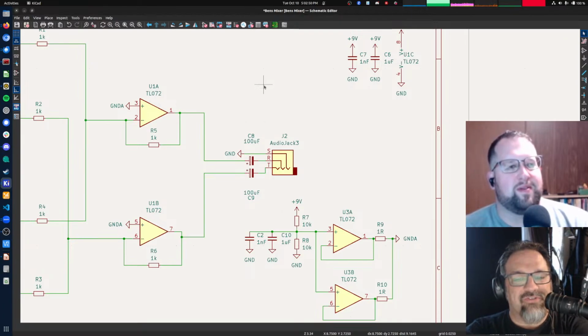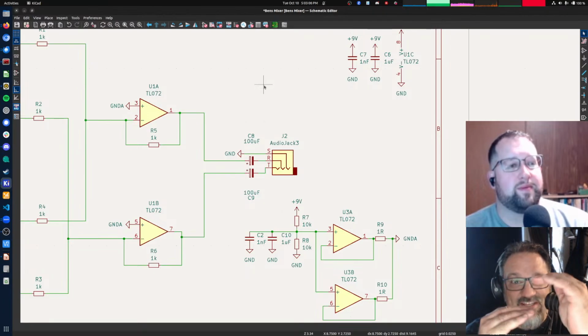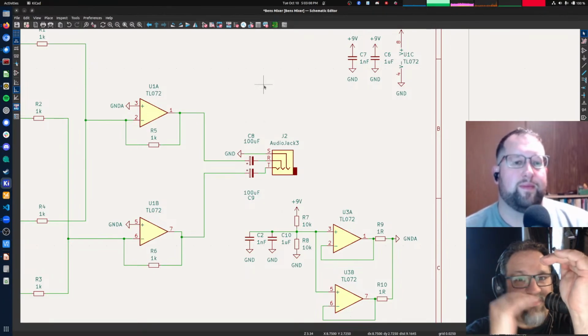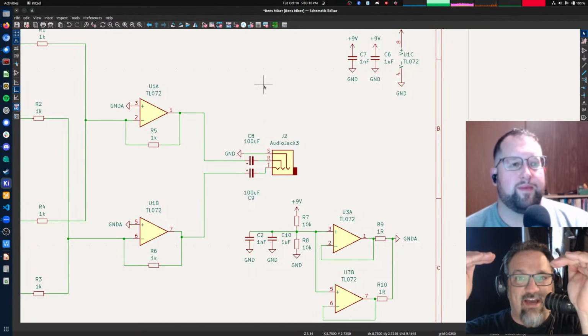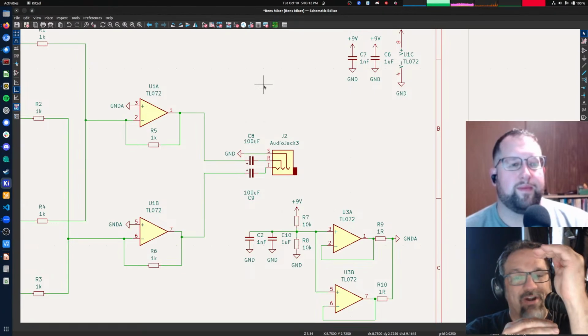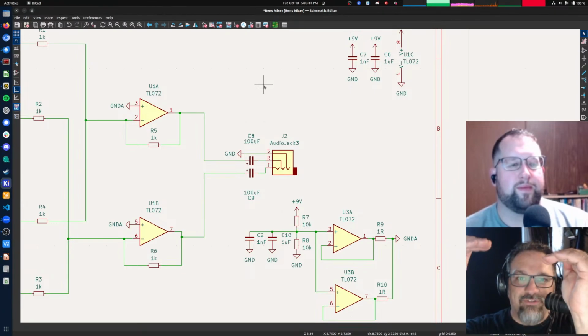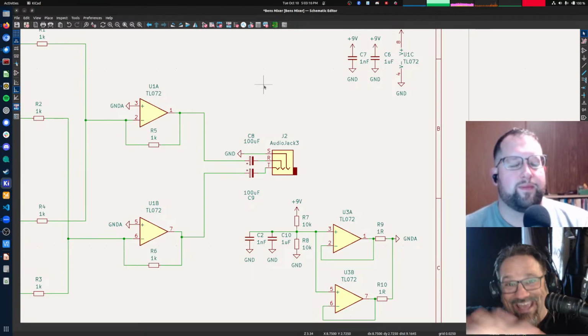Op amps are one of those things that, for such a simple device, can be used in so many ways. When you look at the simplicity of what they do, literally all it does is, if the positive input is more positive than the negative input, it will increase the output. If the positive input is more negative than the negative input, it will decrease the output. That's it.